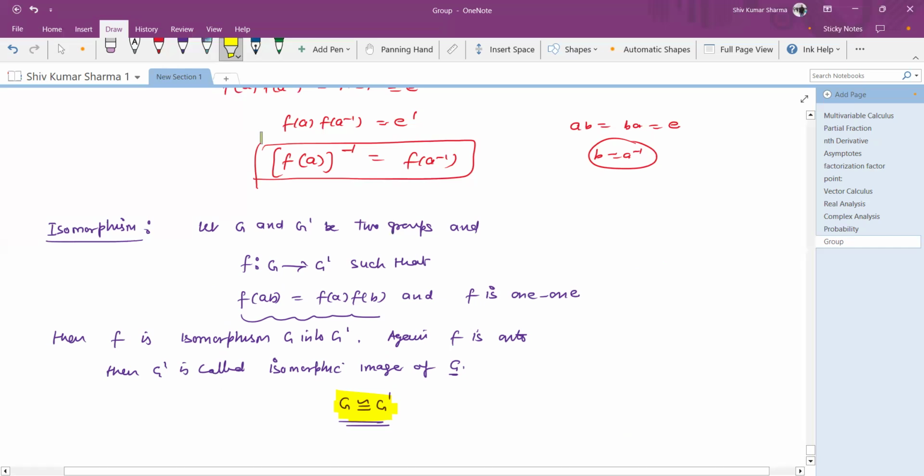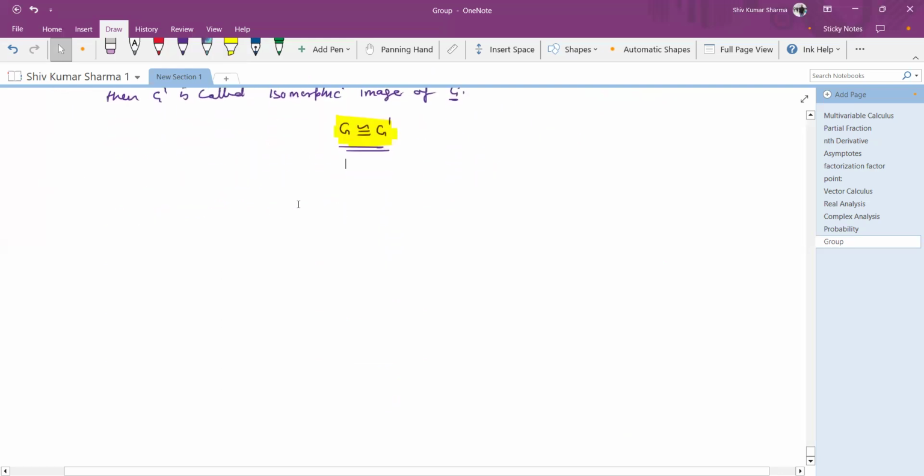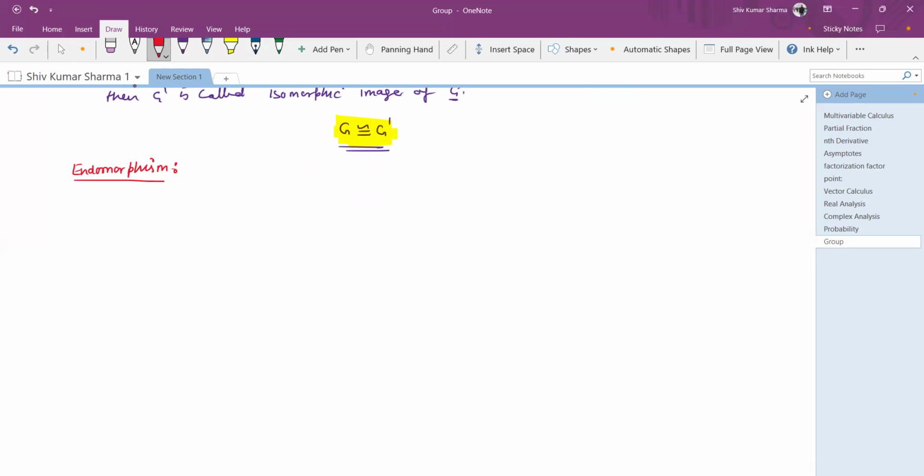Now we move to the next and last definition, that is endomorphism. For defining endomorphism, we write: a homomorphism of a group into itself is called an endomorphism.